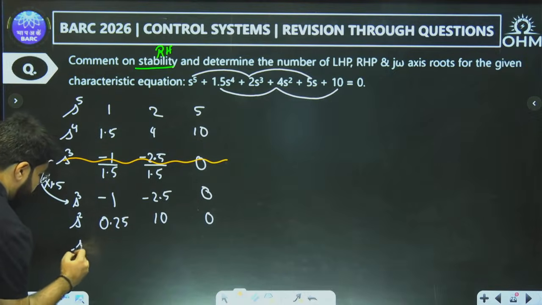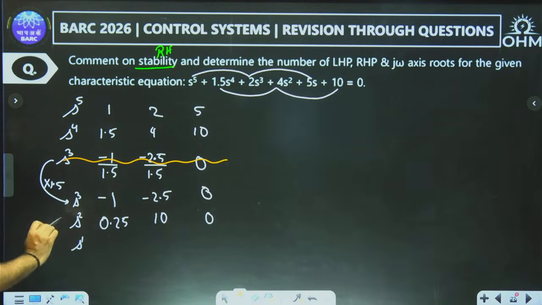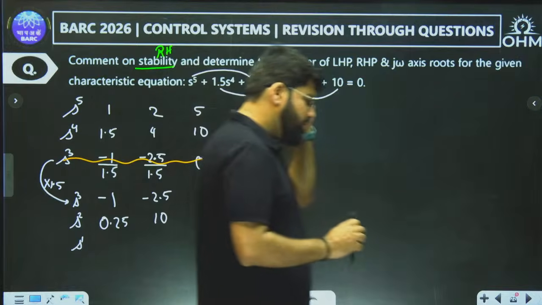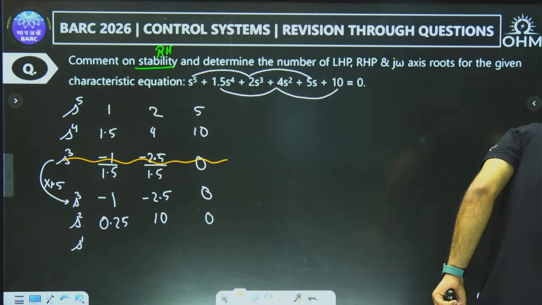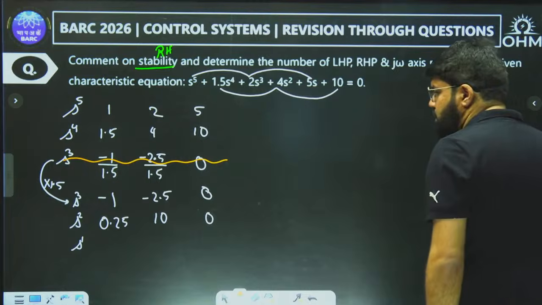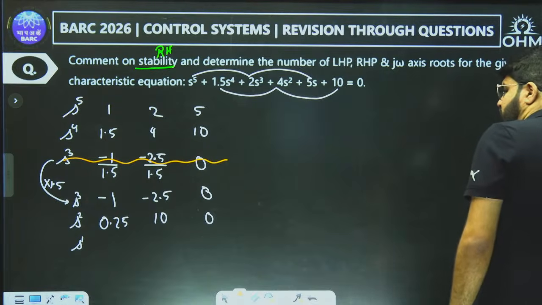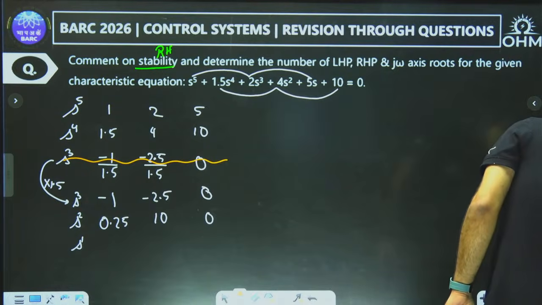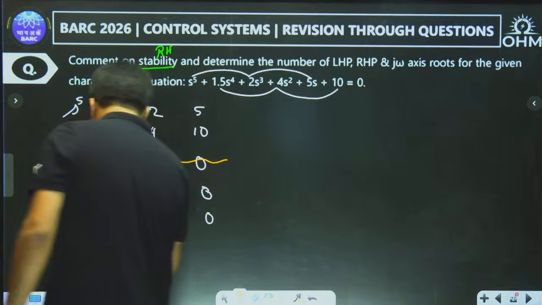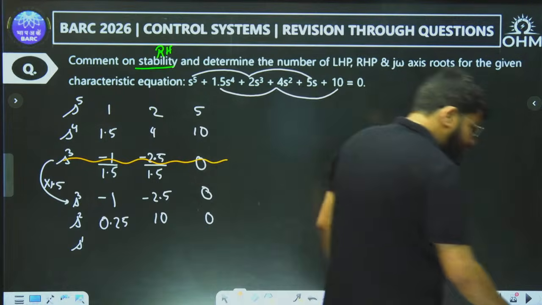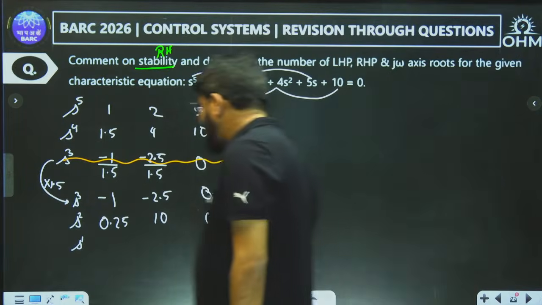Now the s power 1 row: 0.25 into minus 2.5, minus minus becomes plus 10. So 9.375 divided by 0.25 gives 37.5, the final value.